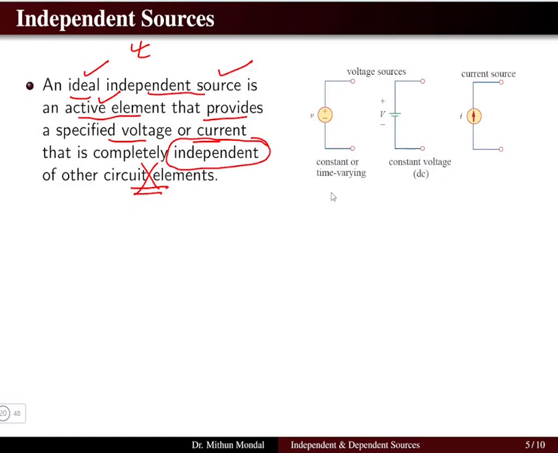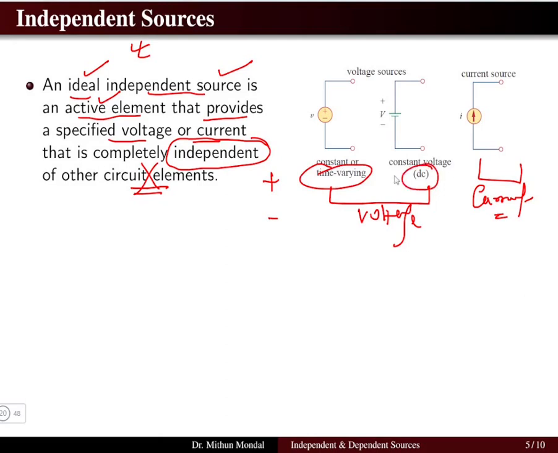So we can see the symbols of the voltage source and the current source, which are ideal in nature and independent. We can represent the voltage source having a positive and negative sign indicating the higher potential and the lower potential. It can be time varying or it can be DC voltage.